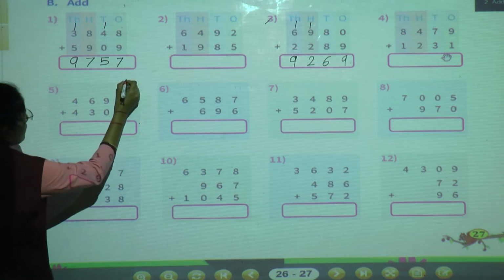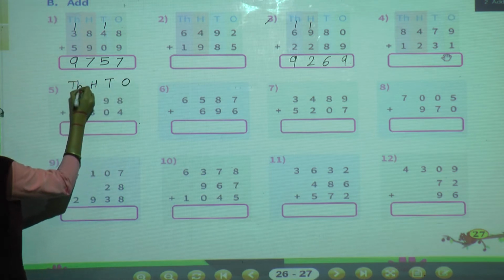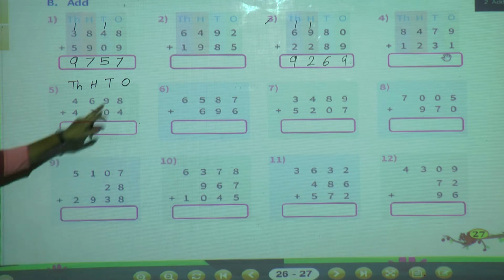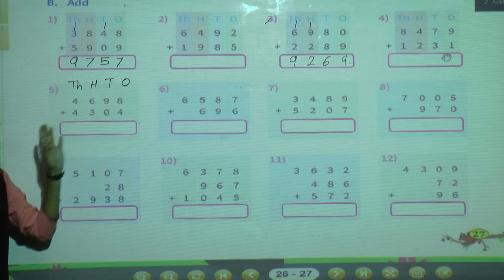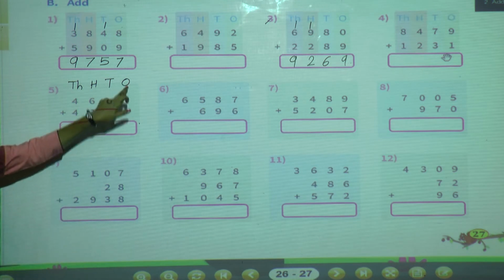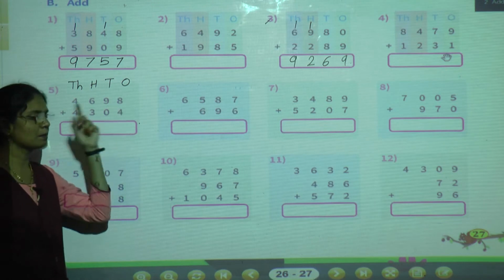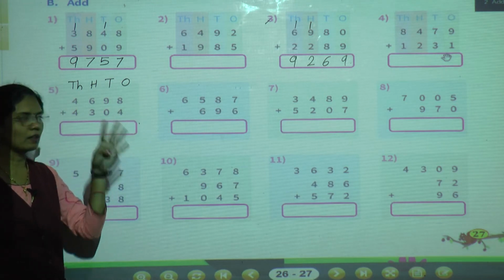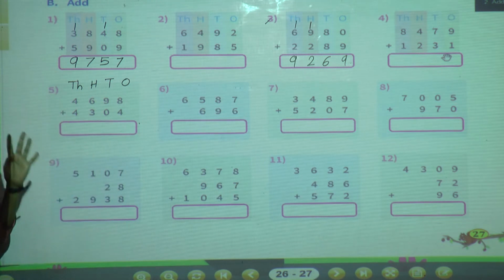Okay. Now students, we will take the fifth one example. Here also I will write places. First of all, these two numbers are 4-digit numbers. So here ones, tens, hundreds and thousands. Now start from the ones place. 8 ones plus 4 ones. 8 plus 4, yes, this 8 keep in your mind, and 4 take on your finger. After 8 count 4 more fingers. 9, 10, 11, 12.